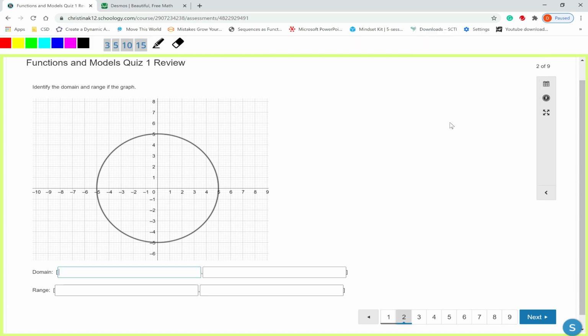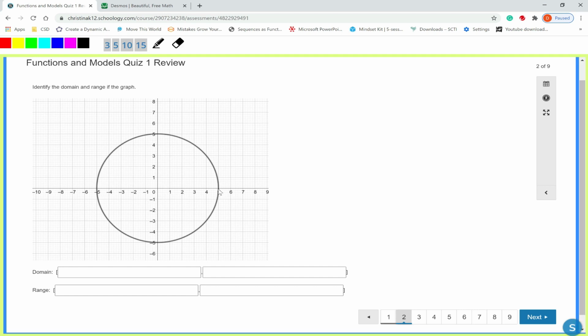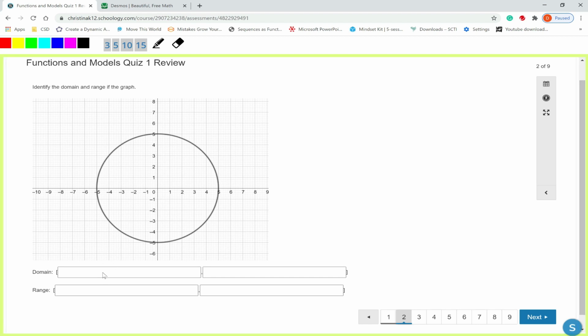So we have to look at the graph, so we find our smallest x, which in this case is -5. And we find our largest x, which is +5.